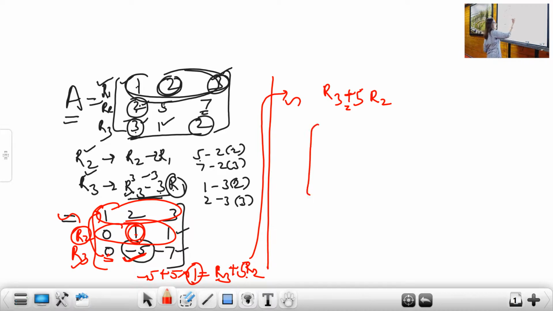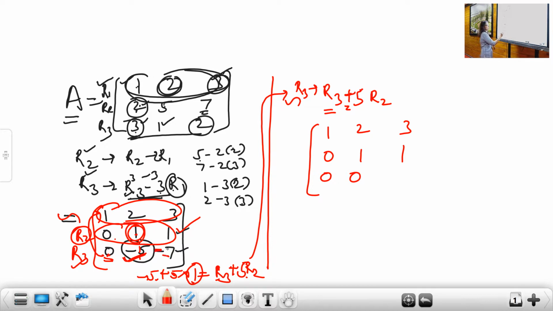So here the matrix will become, now as I said, I am not touching the first row at all. Which row is changing here, students? Only R3 is changing, right? So you write the changing row in the first place. R3 is changing, so R2 will be the same, 0, 1, 1. And now see the transformation. 0 plus 5 into 0 will be 0. Then minus 5 plus 5 into 1 will be 0 already, because for that only we have chosen this transformation.